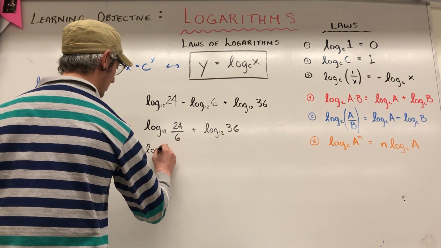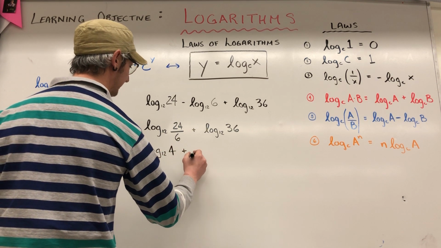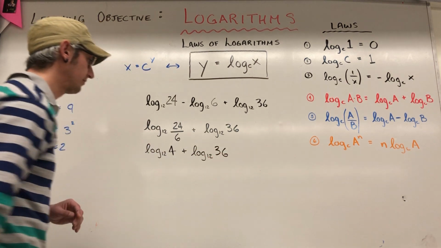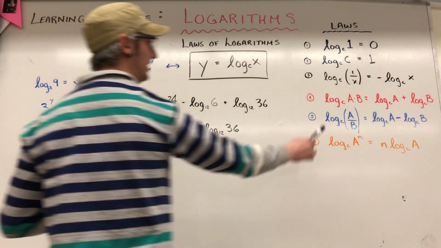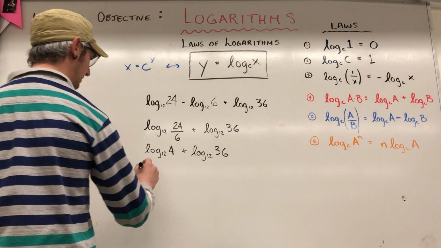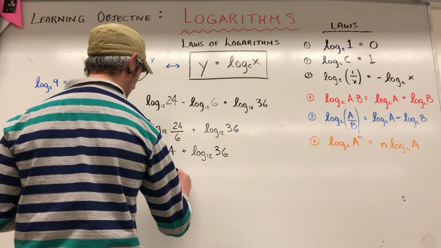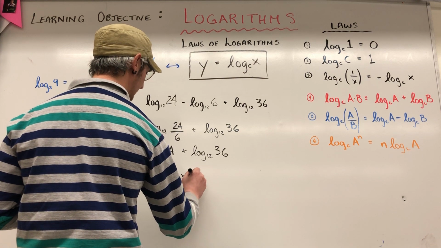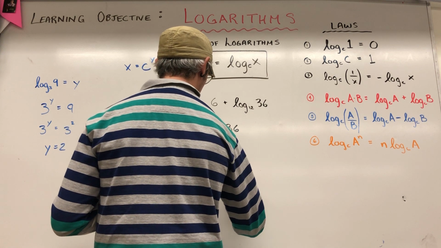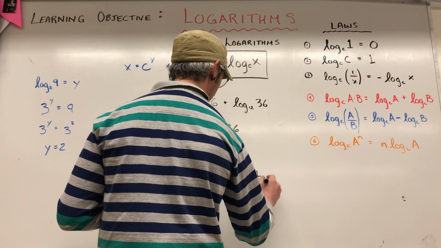Log base 12 of 24 divided by 6 is 4, plus log base 12 of 36. Now I can invoke this rule here, because I have two logs with the same base being added. So this can become log base 12 of 4 times 36, which is equal to log base 12 of 144.